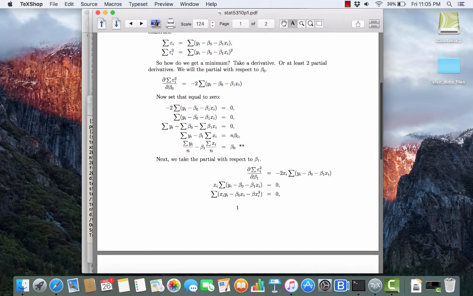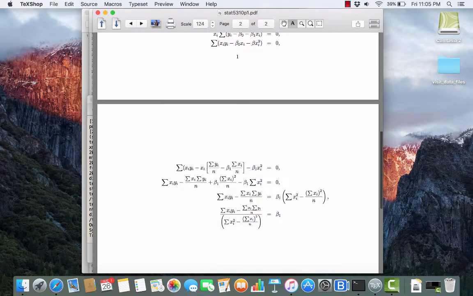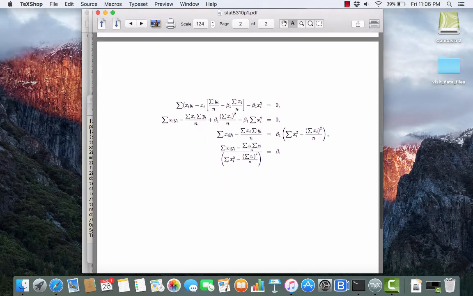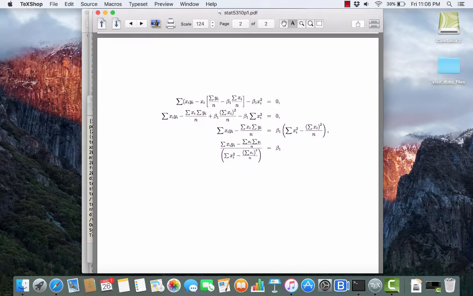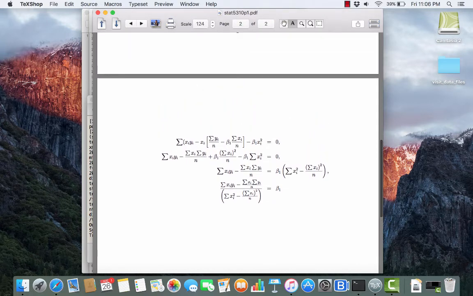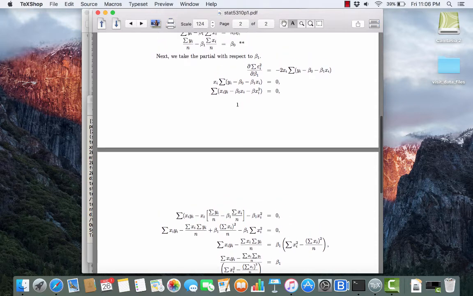I'm going to change the page. Alright, so I've got beta zeros in there, but I really want to solve for beta 1. So I'm going to take my star term from the previous page and plug that back in. Here's my star term.